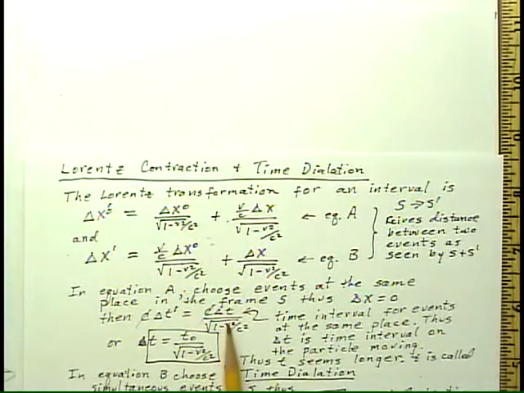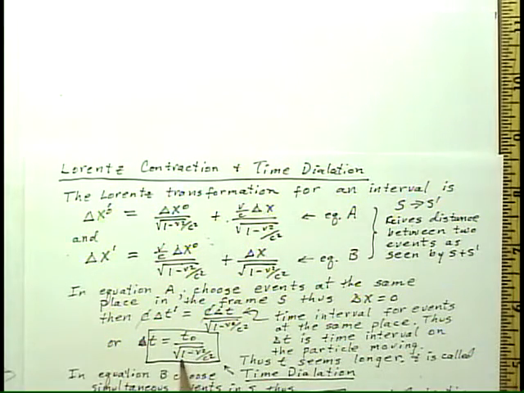Therefore, dx naught sits on the particle. Therefore, it follows that the time interval in any primed frame is equal to the time that passes in a frame of reference and a clock that sits on the particle, divided by the square root of 1 minus v squared over c squared.